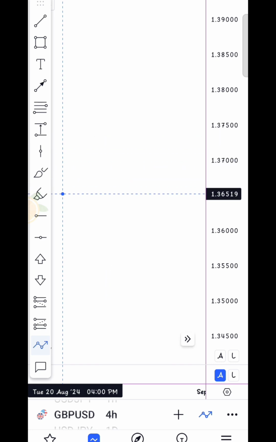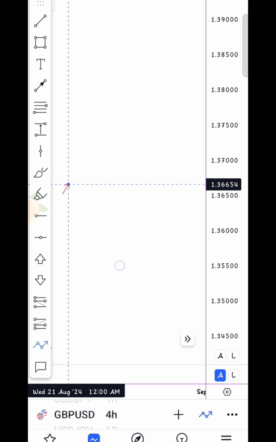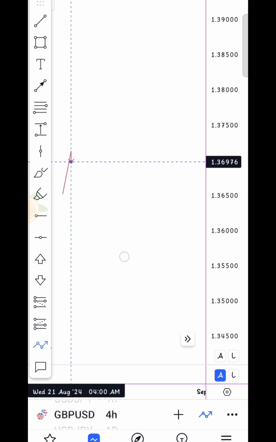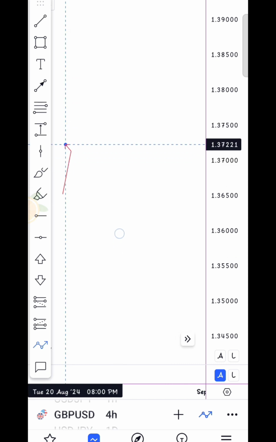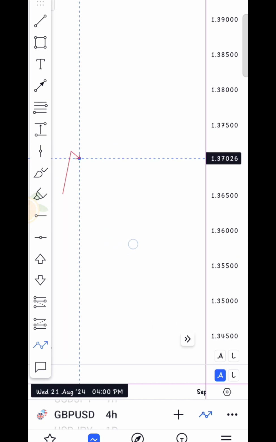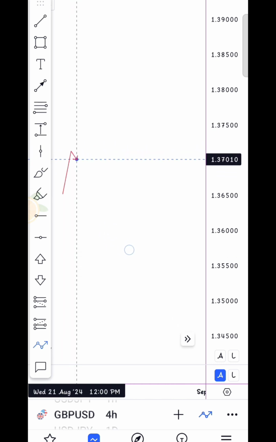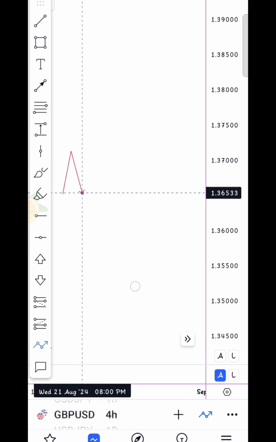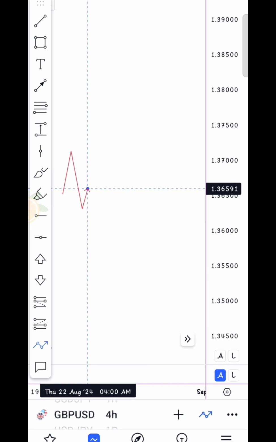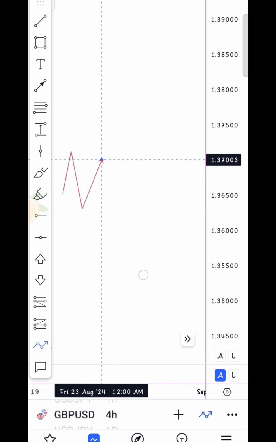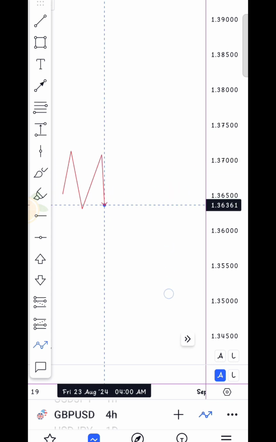In case price was moving up, it will make an extreme right about here. Then when it makes an extreme, it comes to the mandatory TP. Then it makes MLV, that is market lost volume.